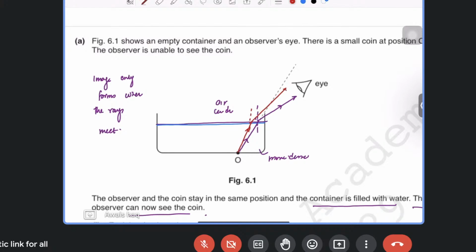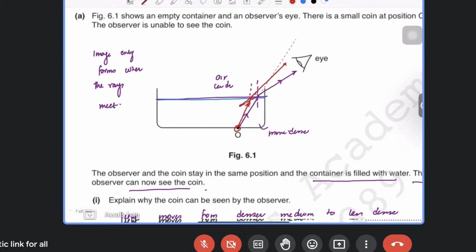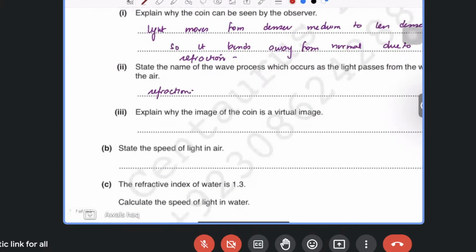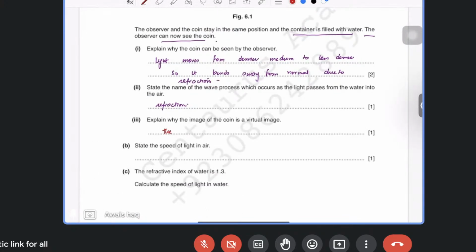But if you notice, the rays do not meet where the eye is. So I would basically think that the rays are coming from this point and not this point. So we can write that the rays do not meet at the screen, or at the eye. So that's why that happens.